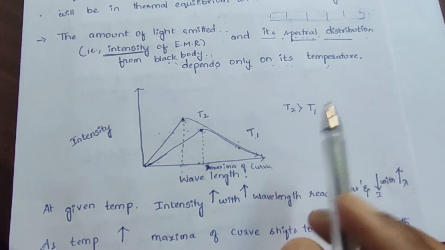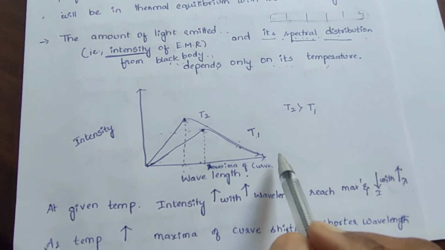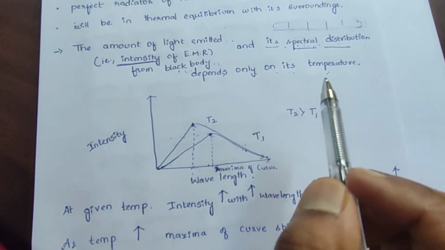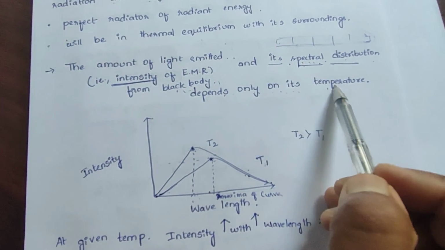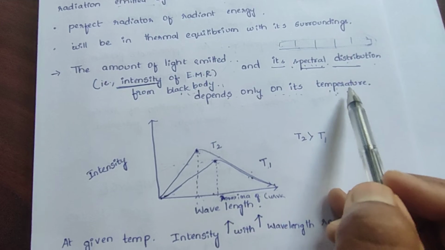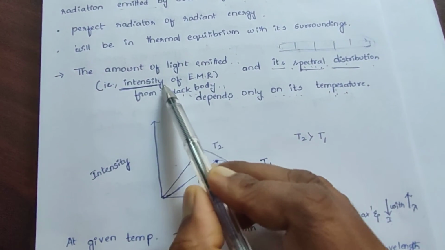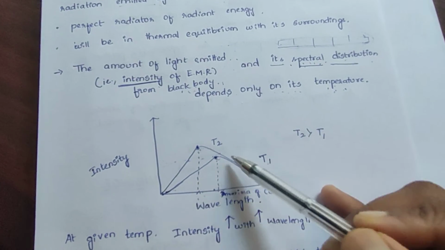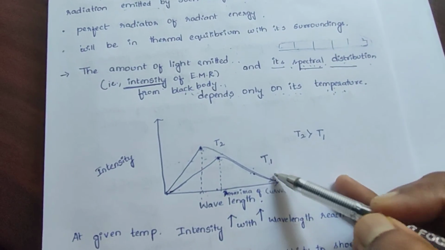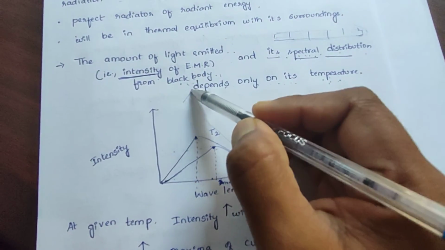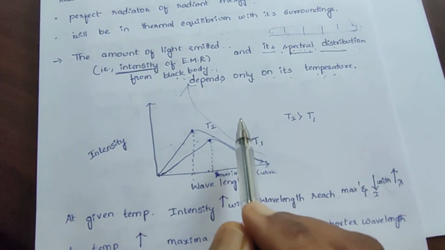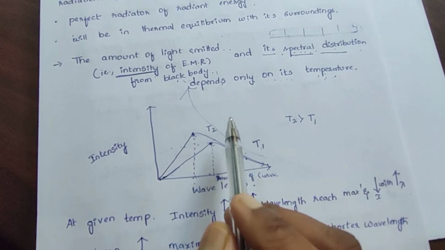According to classical physics, if we go on increasing the temperature, then the intensity of electromagnetic radiation should also keep increasing, but in reality, it is not like that.